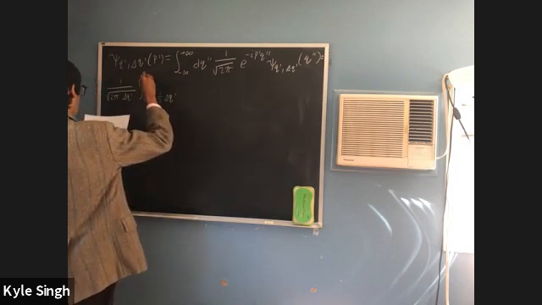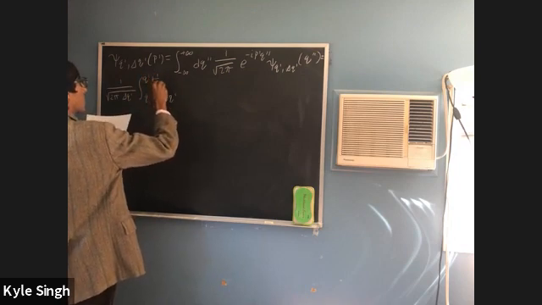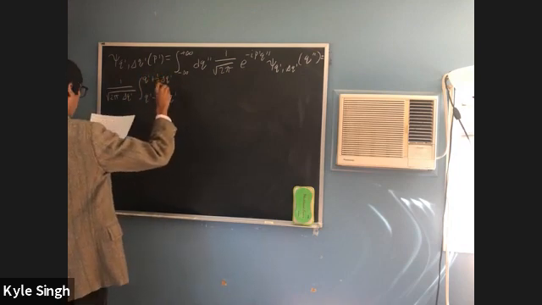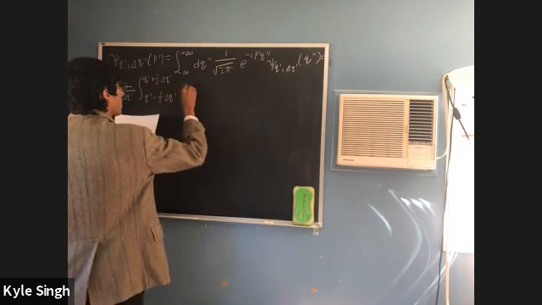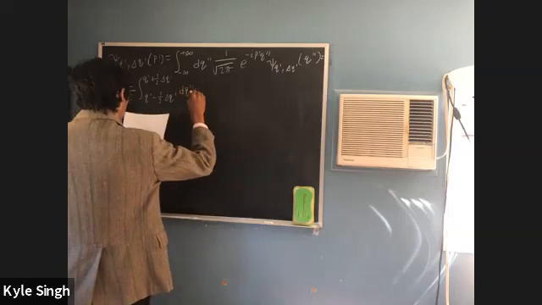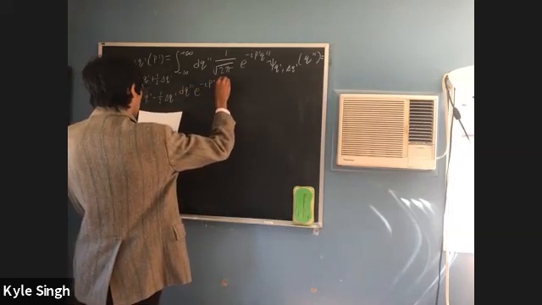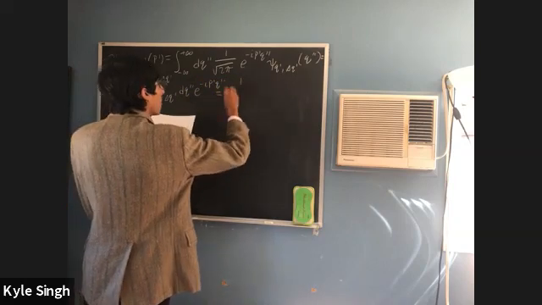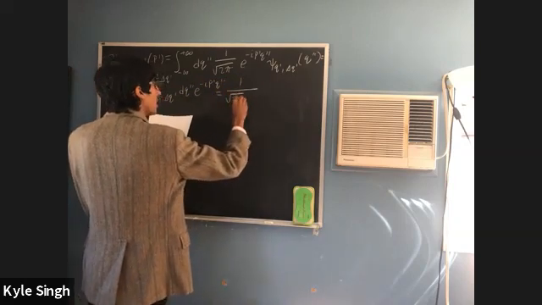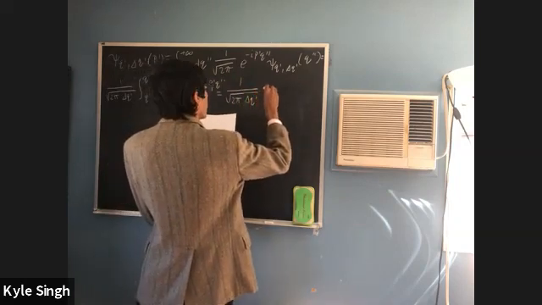I just did it on paper so I don't have to stare at this for 10 minutes. Okay, then I got this. It's actually not that bad, guys. It's not terrible. Okay, I'm just going to use some trig identities for the sines and cosines.